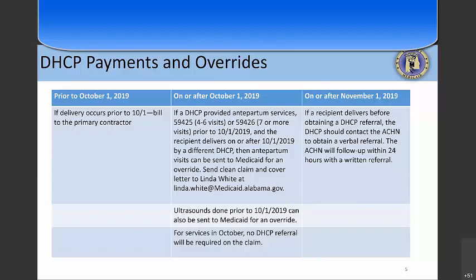Today they can't do that. The recipient would have to go back to their PCP. But in our new world, the recipient could get a referral to a specialist from the OBGYN, but they don't have to. If the OBGYN is not comfortable with that, then the recipient can go back to their PCP and get a referral for a specialist.